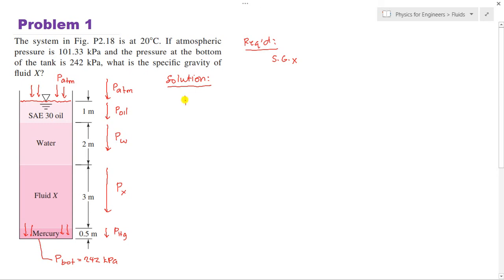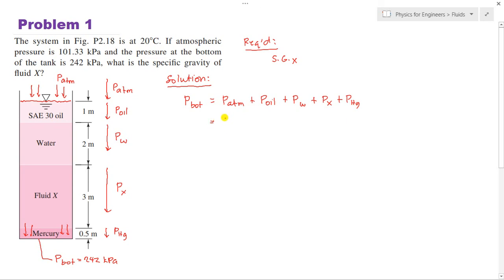That is, the pressure at the bottom is equal to the pressure of the atmosphere plus the pressure of the oil plus the pressure of the water plus the pressure of fluid X plus the pressure of the mercury.